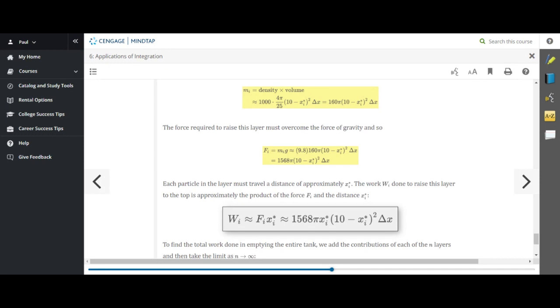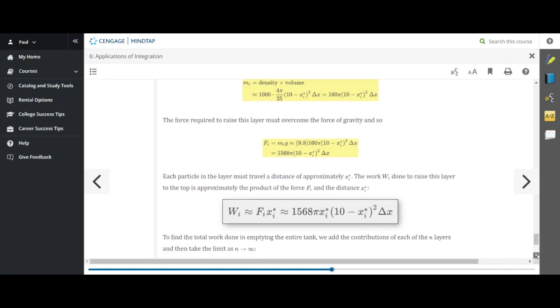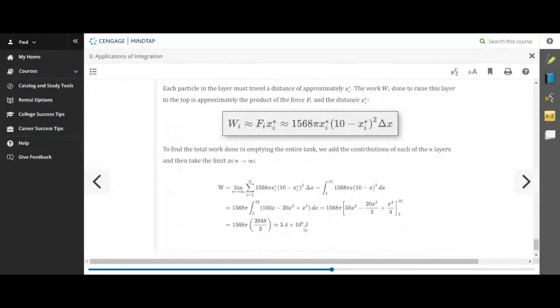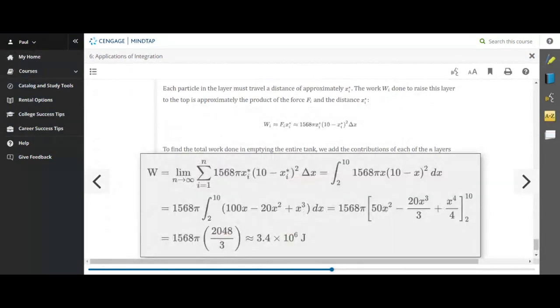Okay, well now that we know the work needed to bring the ith layer of water to the top of the tank, we're going to add up all the work values. So we're going to take the Riemann sum as i equals 1 to n.